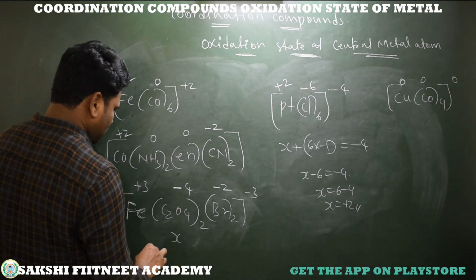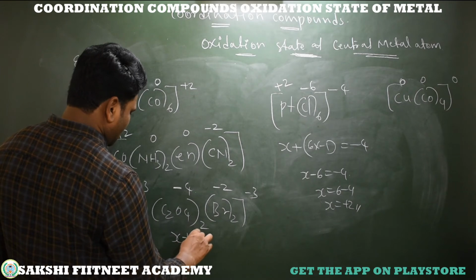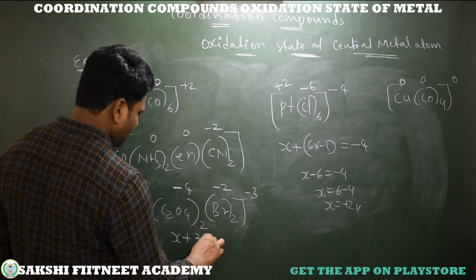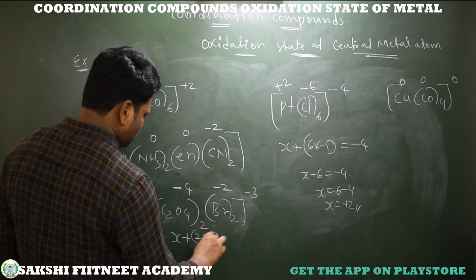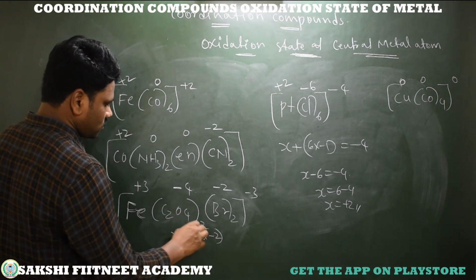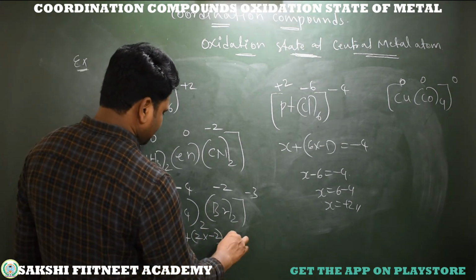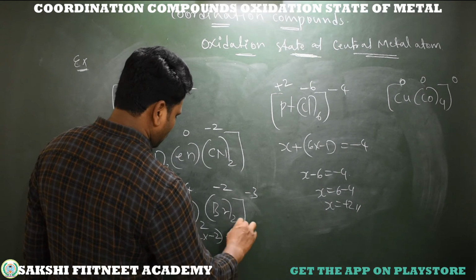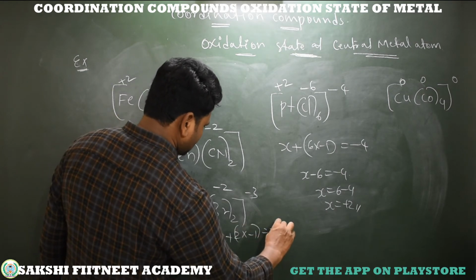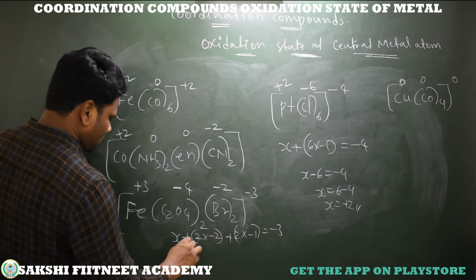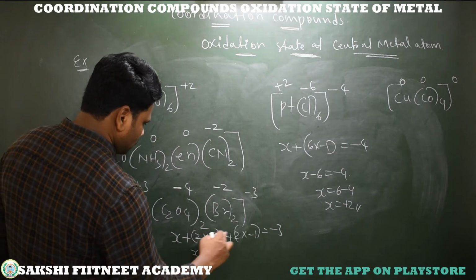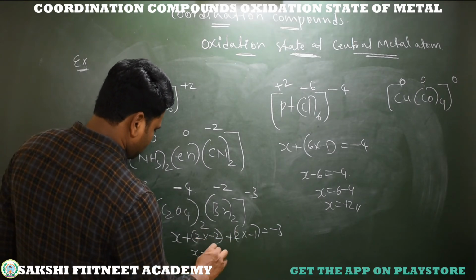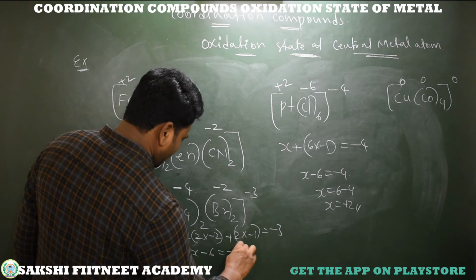Otherwise we can calculate by using the common method. I am taking ferrous as X plus its 2 ligands into -2 oxidation state. Each gives -2 oxidation state, plus 2 ligands into -1. That is equal to -3. So it becomes X -4 -2. It becomes -6, that is equal to -3.